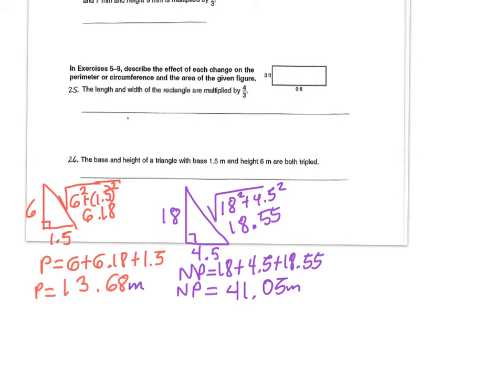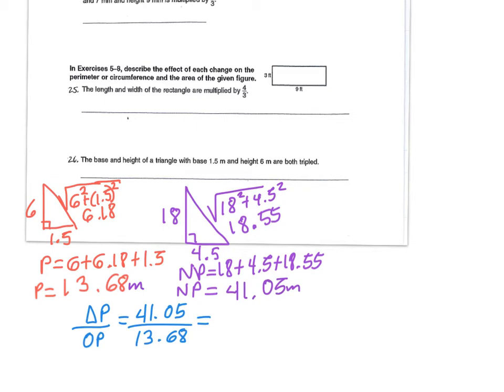So now, when you compare the changing perimeter to the original perimeter, that would be 41.05 divided by 13.68. Right.